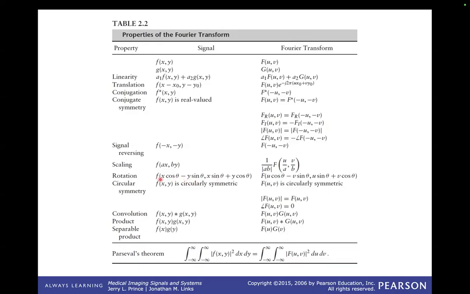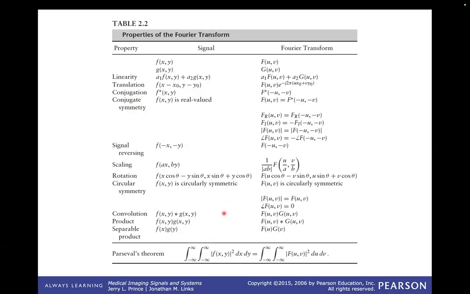If I have an image of a head, say, and I rotate that head 45 degrees because I want to look at it this way for some reason, then you ask, what's the Fourier transform of that thing rotated 45 degrees? It's just the original Fourier transform rotated 45 degrees. So rotation just goes along.